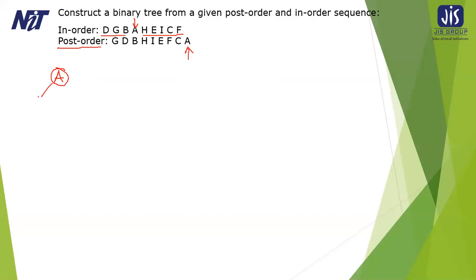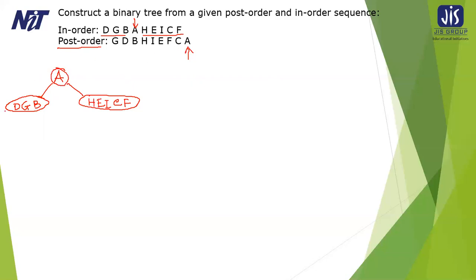So now we can say that D, G and B are part of the left subtree, and H, E, I, C and F are part of the right subtree.